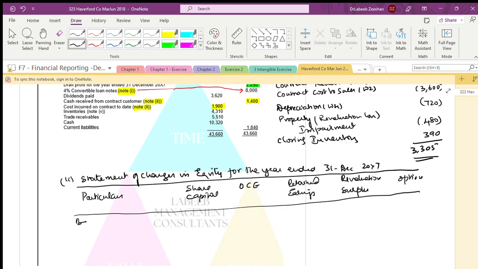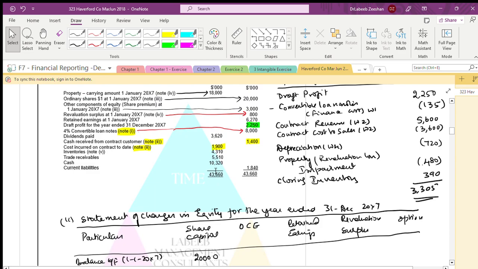Balance brought forward at 1/1/2007: equity is 20,000, other components of equity is 3,000, retained earnings are 6,270, and revaluation surplus is 800.